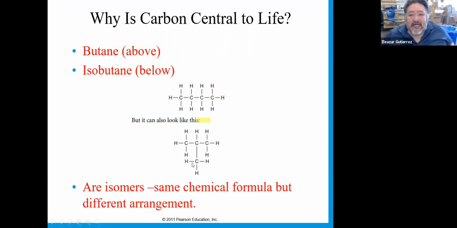They're two completely different molecules, but because of the number of bonds that carbon can make, which is 1, 2, 3, 4, we can actually make two diverse molecules with different chemical traits from the same number of carbons and hydrogens. When this happens in life, they're called isomers. They have the same chemical formula, but they have a different arrangement.